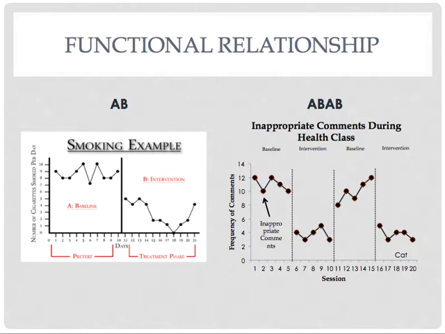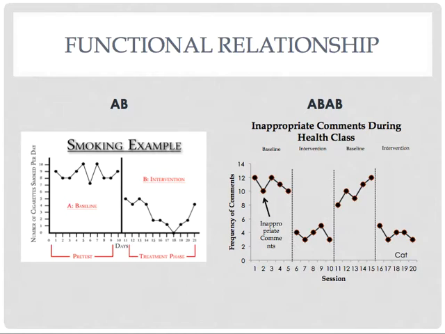In the first graph, the AB graph, you can see that the number of cigarettes smoked per day decreased when the intervention was implemented. In baseline, the participants smoked a range of 7 to 10 cigarettes per day, and when the intervention was implemented, it decreased to 0 to 5 cigarettes per day.